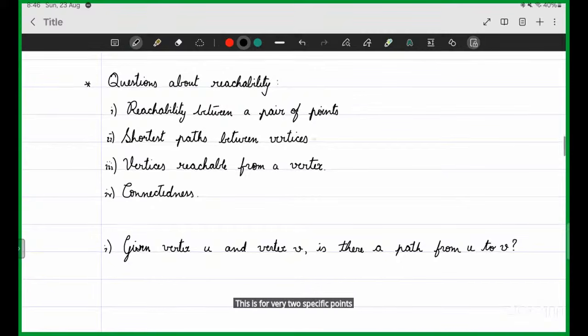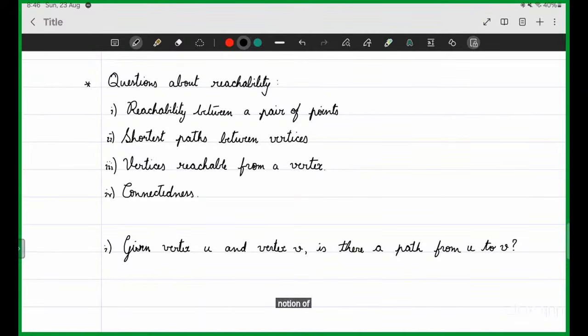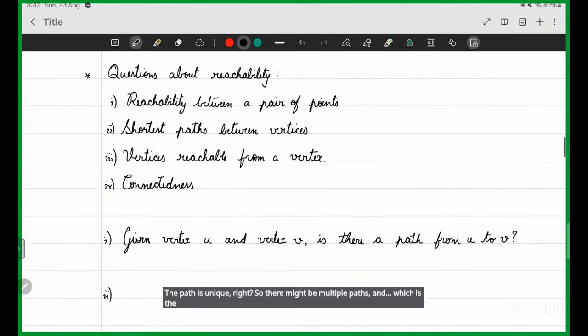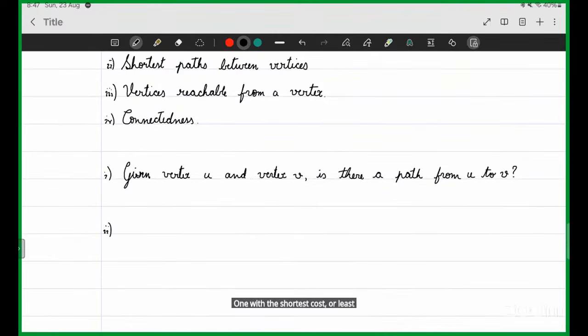And then we also talked about shortest path between vertices. This does require the notion of weight of the edges. So just because we established that V is reachable from U, that does not mean the path is unique, right? So there might be multiple paths, and which is the one with the shortest cost or least cost.